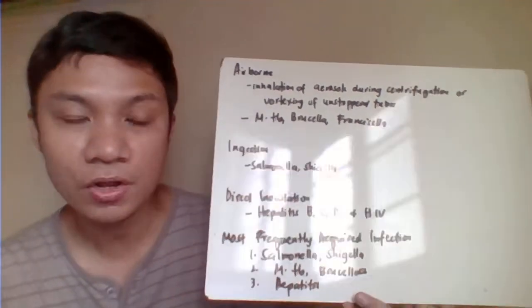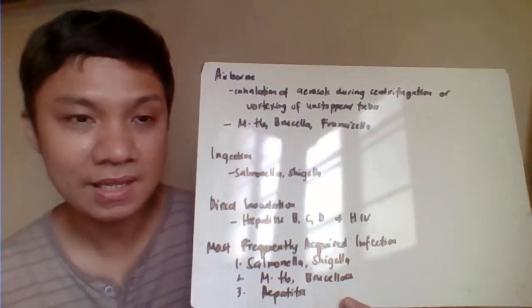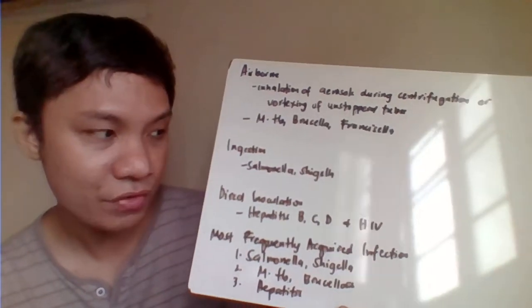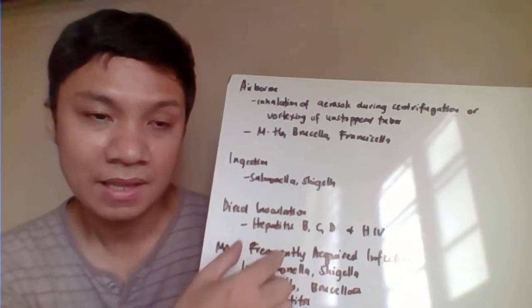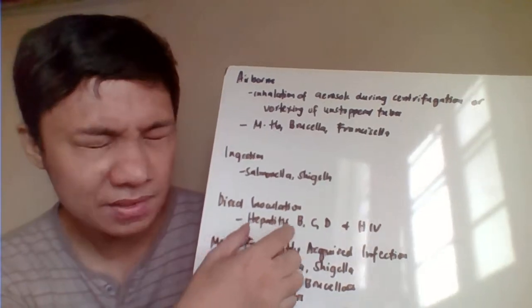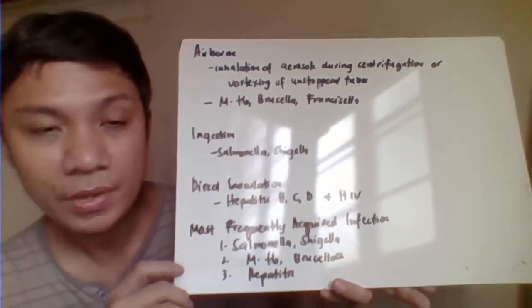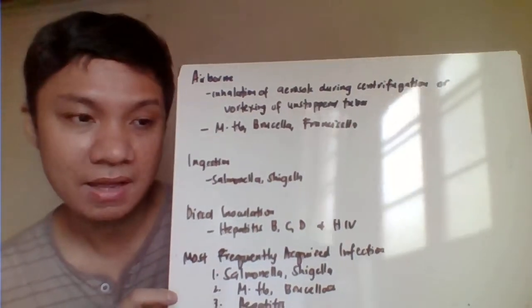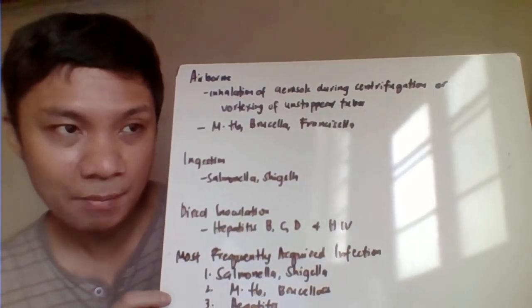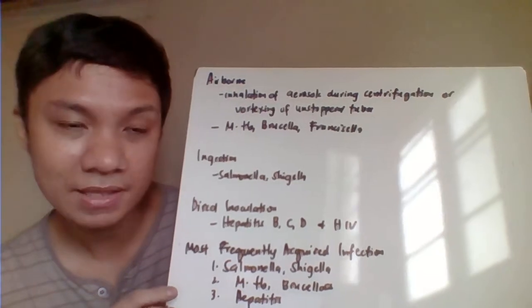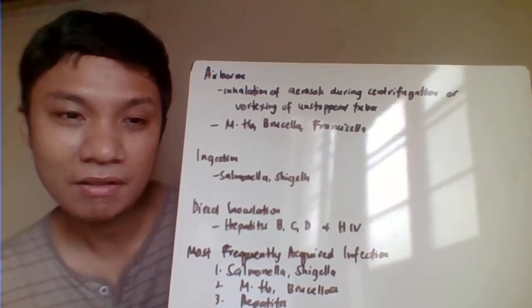And we have direct inoculation through your accidental needle stick puncture, even your blood transfusion, mga blood-borne ito, like hepatitis A, hepatitis B, hepatitis C, D, and your HIV. We have here the most frequently identified infection in the laboratory, or most frequently identified infection in different workplaces.